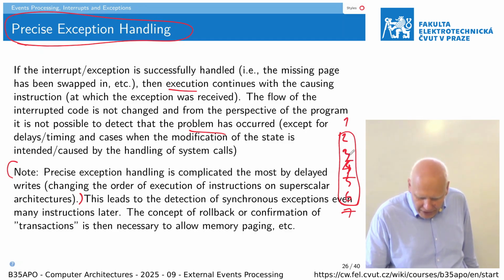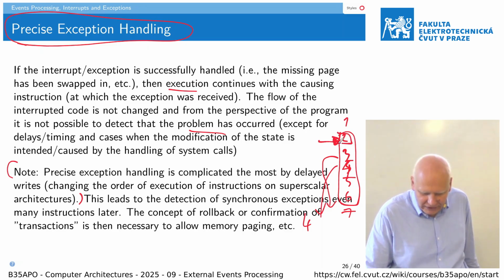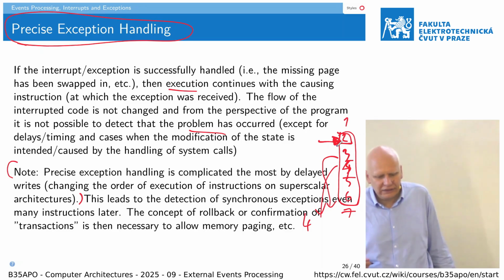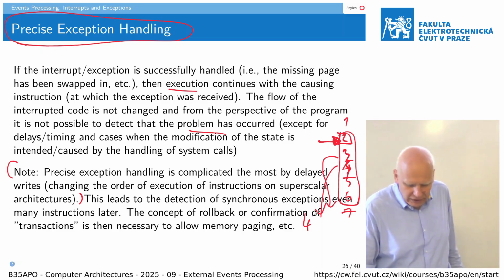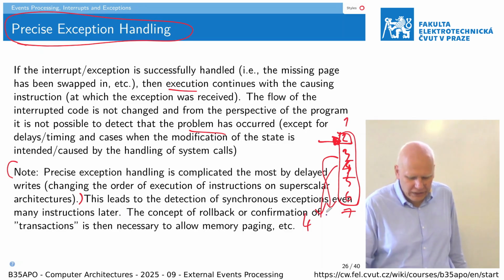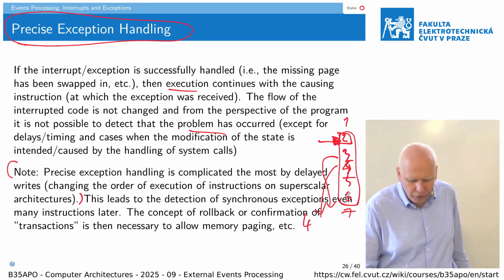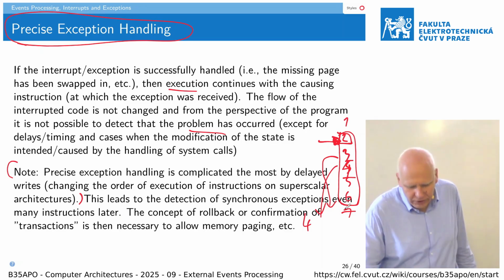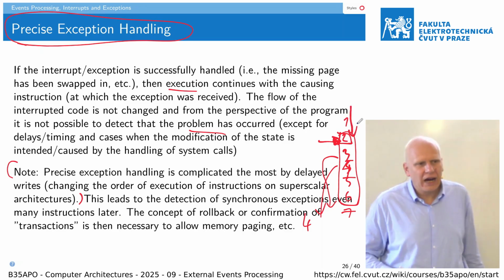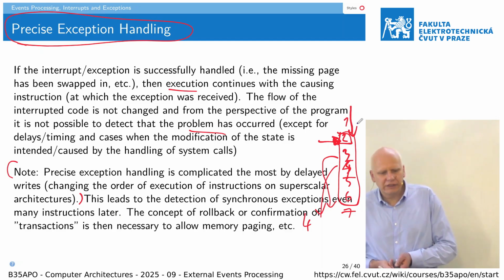At some moment, instruction 4 is ready, instruction 3 is ready, for example, and later it appears that there is a problem with instruction number 2. So in this case, it is necessary to postpone the effect on the architectural state of those following instructions to the time when all the previous instructions are finished without an exception.